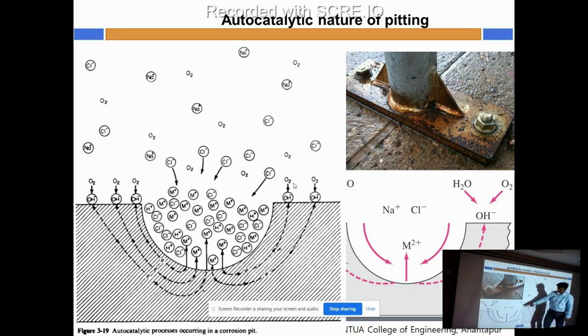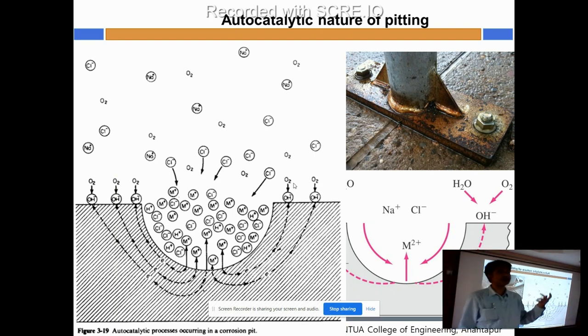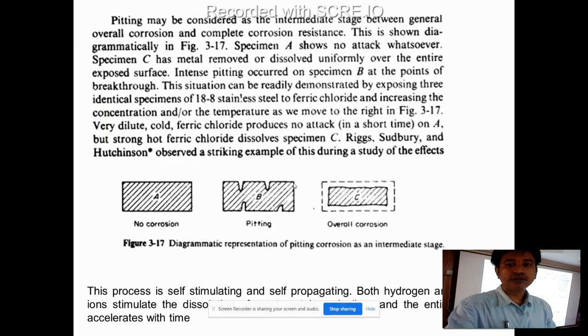More OH minus ions are formed, so more positive ions are formed, which drives the chlorine ions to enter the pits. So the more chlorine ions enter, the more corrosion will take place.